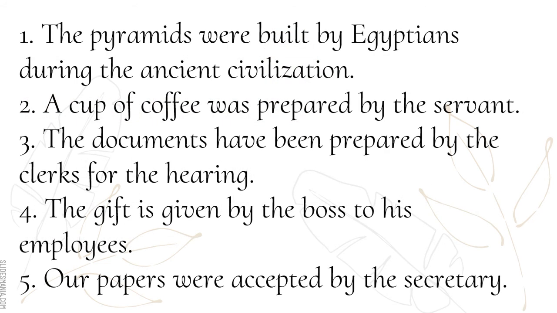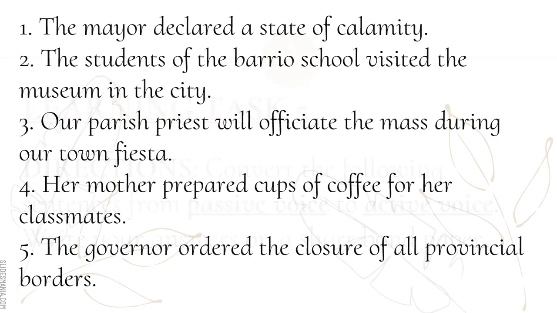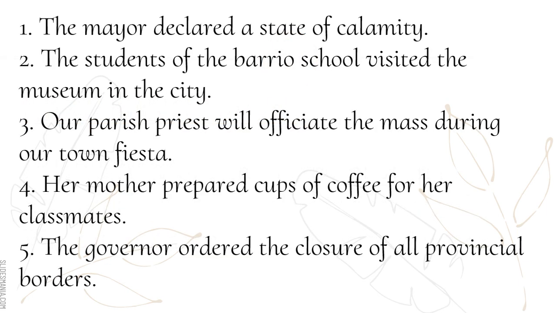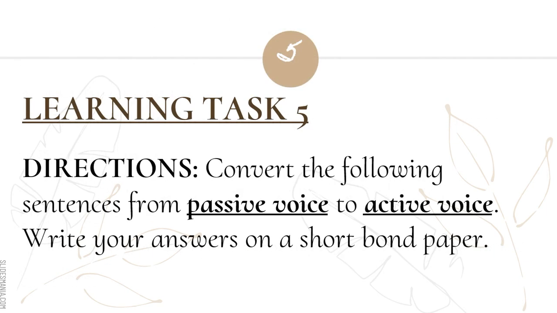So 5 examples as well. All you have to do is to write down your answers. Again, learning task number 4 is in active voice to be converted to passive voice. However, learning task number 5 is in passive voice to be converted in active voice.